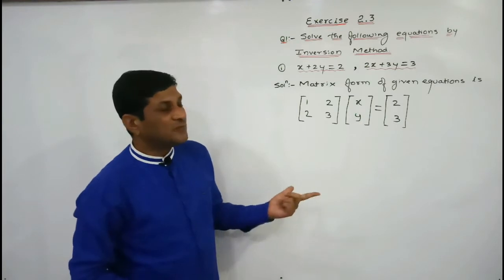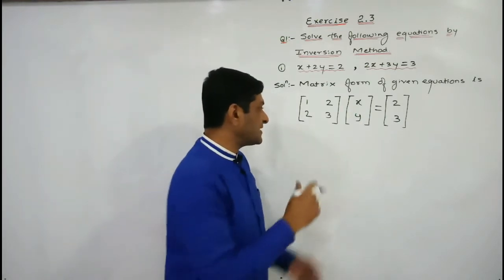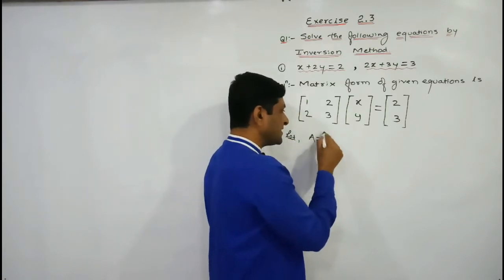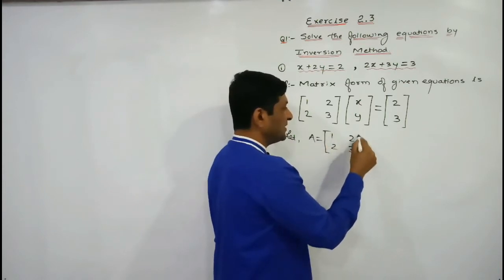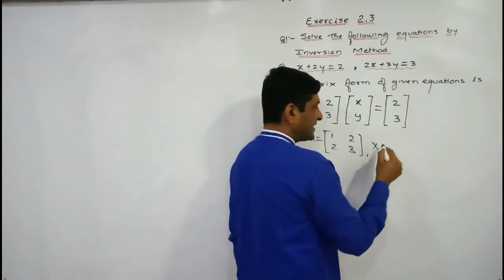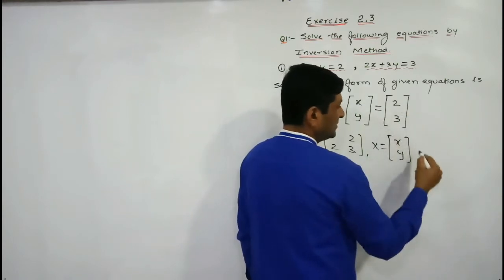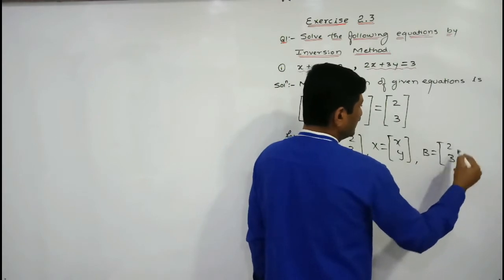Now, once the equation is written in matrix form, denote the first matrix by A, where the elements of this matrix are 1, 2, 2, 3. Denote this matrix by X, where its elements are x, y, and denote this matrix by B. So here its elements will be 2, 3.